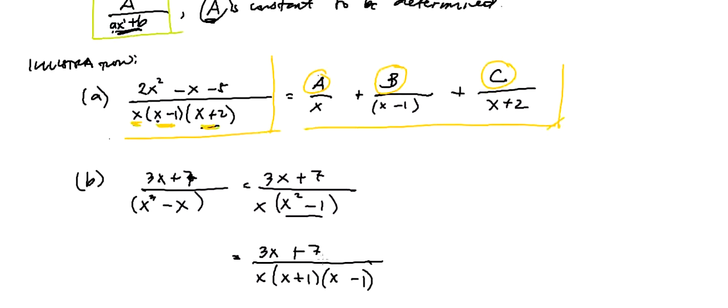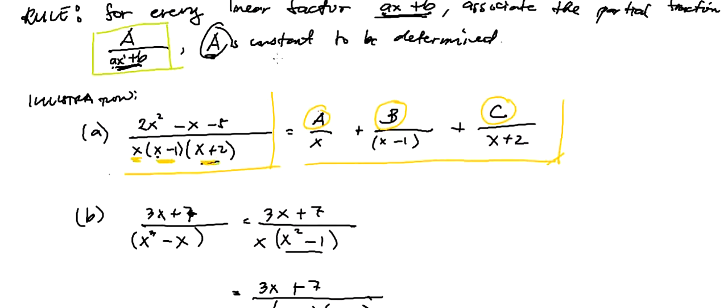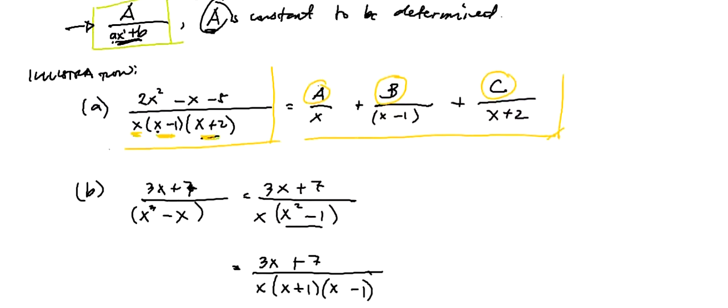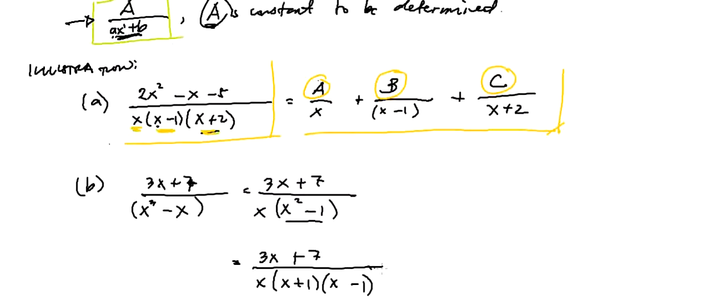After that, we are now in the form of partial fractions like this. We can now write the equivalent partial fraction, which is A all over the first factor, x, plus B all over the second factor, x plus 1, plus C all over x minus 1.